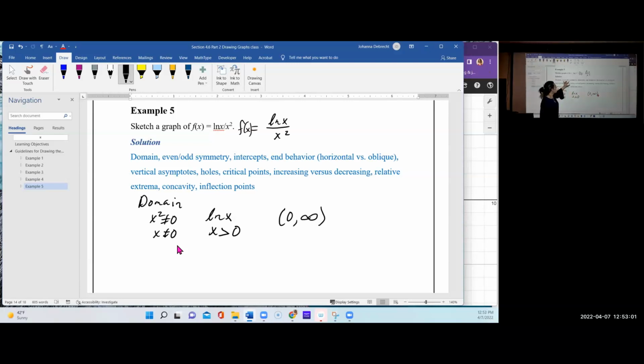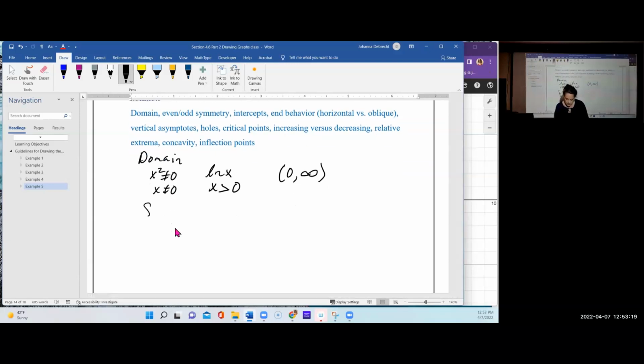Now we want to look for symmetry, but the problem is we can't really replace x with negative x in the numerator. It doesn't give us the same function, all right? We don't have even odd behavior. So when we look at that, we can replace the symmetry by replacing x with negative x. And of course, the natural log of negative x is defined. It just means that the x values would have to be negative so that the argument is again positive.